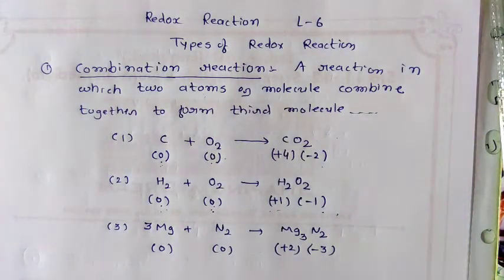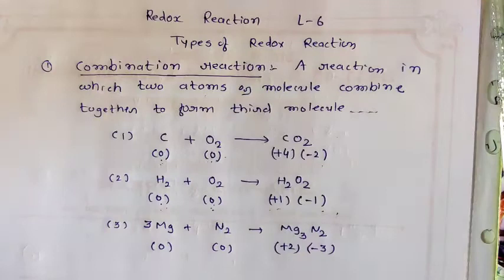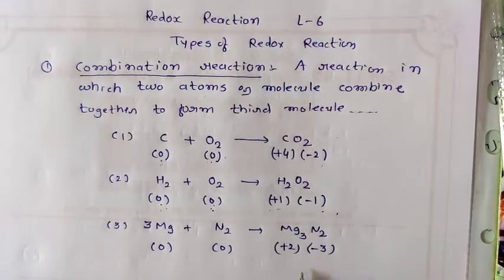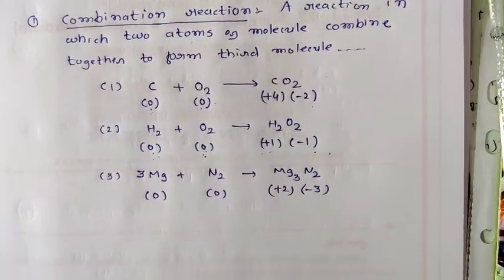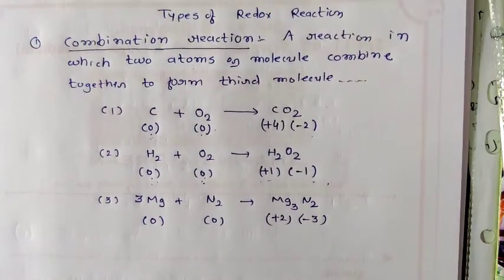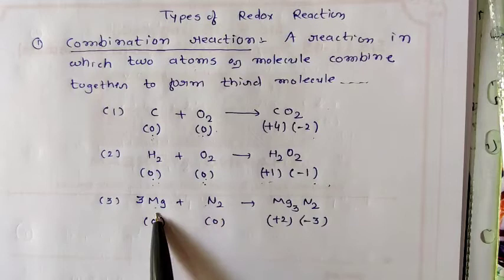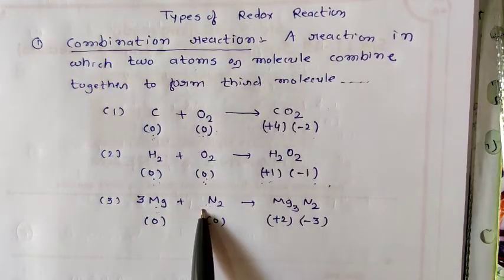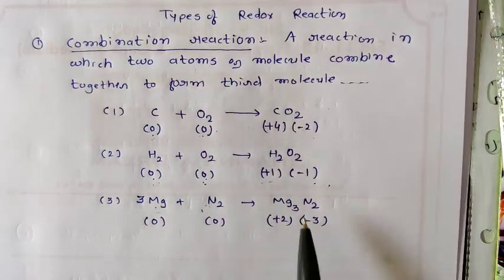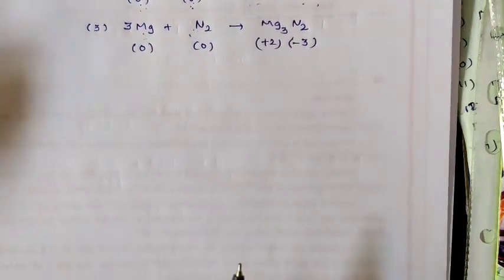Magnesium has 0 oxidation number, nitrogen has 0 oxidation number, and it forms plus 2 and minus 3 in Mg3N2. So this type of reaction is known as combination reaction. Is it clear? Again I repeat: a reaction in which two atoms or molecules combine together to form a third molecule is a combination reaction.